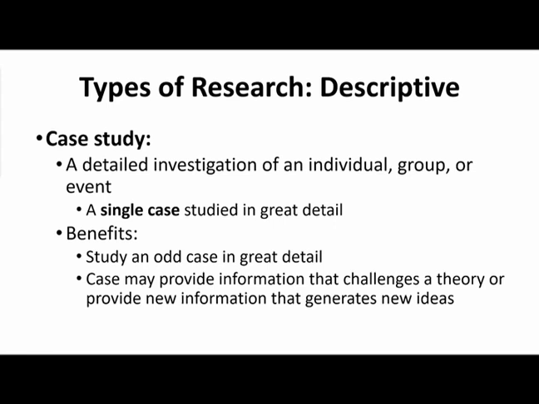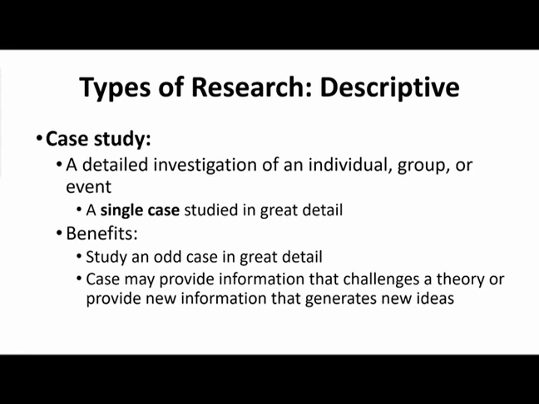So a lot of case studies, especially in psychology, might look at a single individual who has experienced a very unique problem. So one of the most famous case studies that comes up in psychology would be, say, Phineas Gage or HM, both of whom suffered brain damage that led to odd behaviors. And so these would be a case study, two different case studies, because we are looking at an individual.